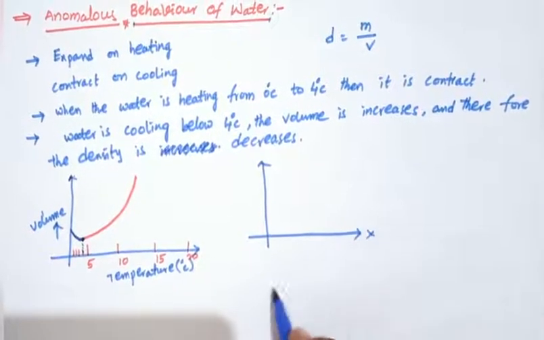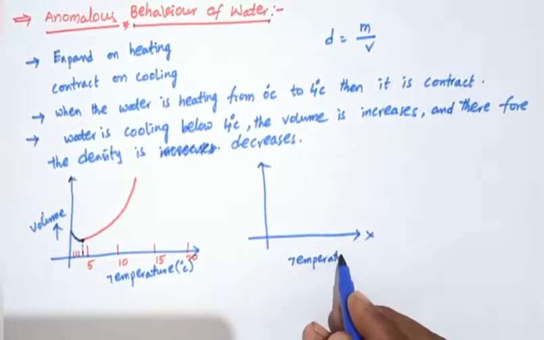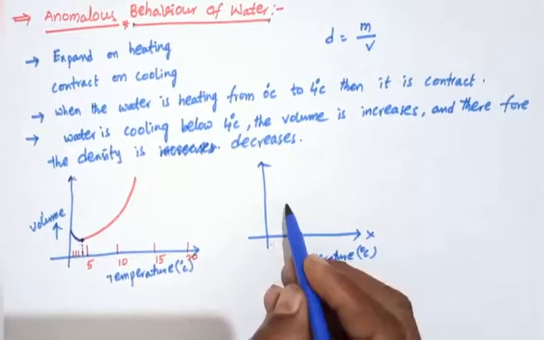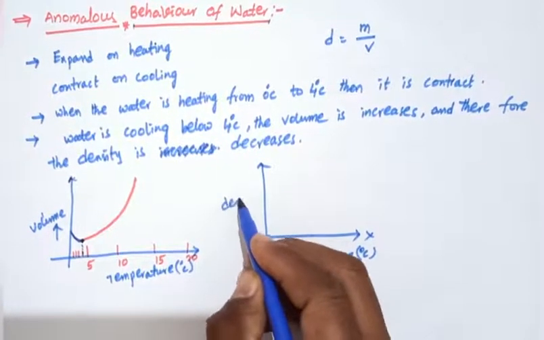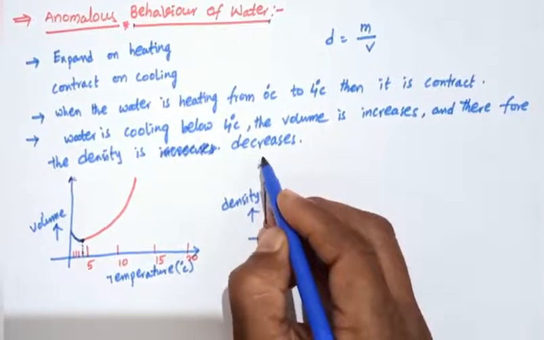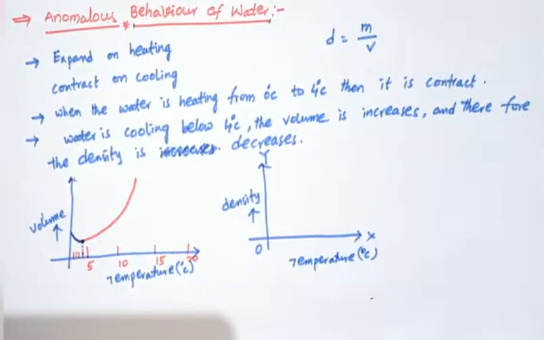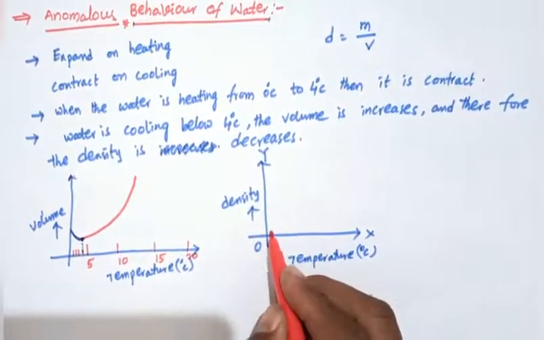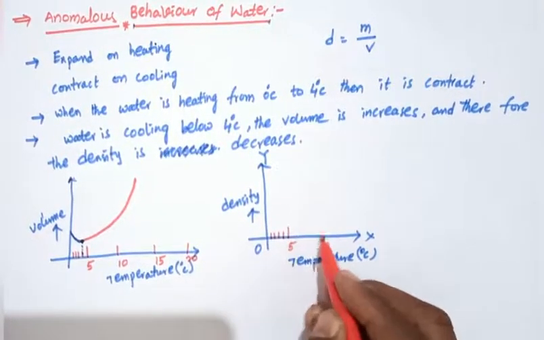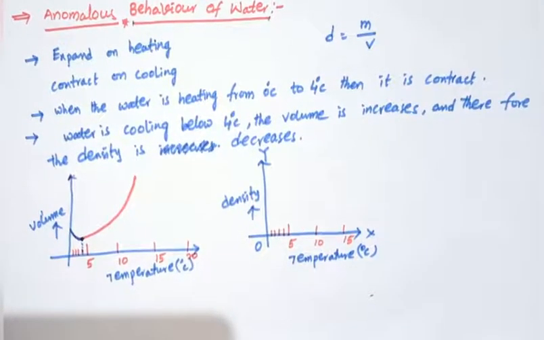Again we are plotting on the x-axis the temperature, in degrees Celsius, and density on the y-axis. The temperature is 4, then 5, 10, 15, like that.